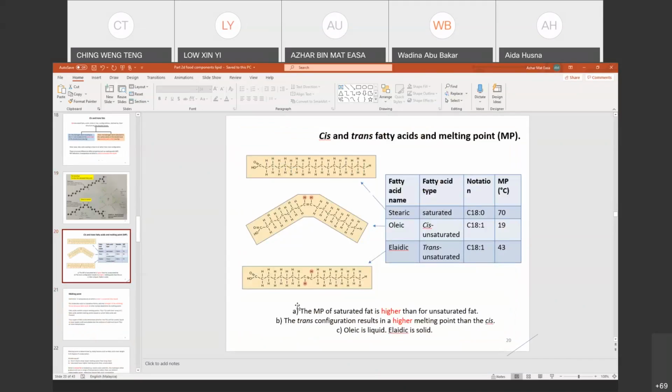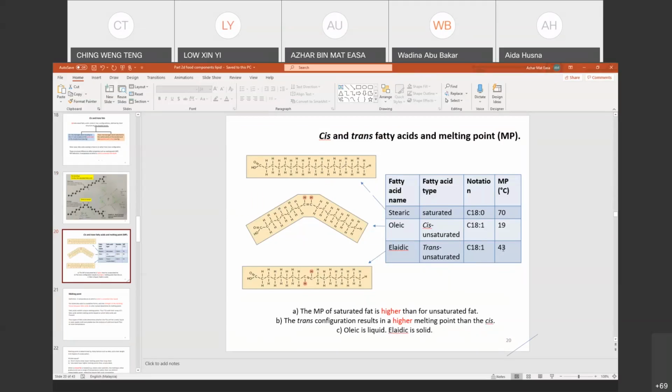It will affect the physical properties of the fatty acids and the fats, of course. Example here: the saturated stearic acid, C18:0, has a melting point of 70 degrees C. Oleic and elaidic have the same carbon number, C18:1, unsaturated. Oleic is cis, while elaidic is trans.